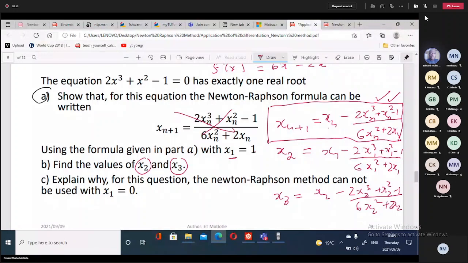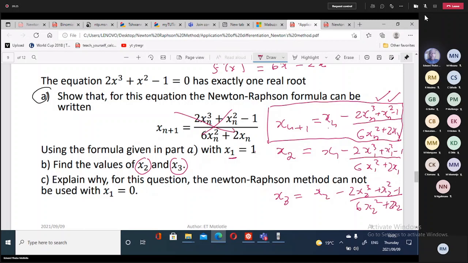So you'll have alpha x minus, then you have a fraction there, which is 2 alpha x to the power 3 plus alpha x squared minus 1, then you divide. I want to give you the answers there.